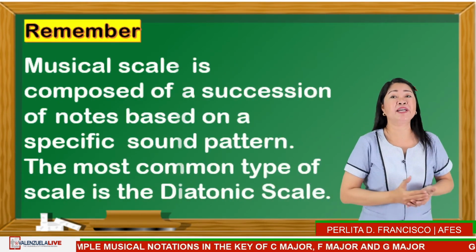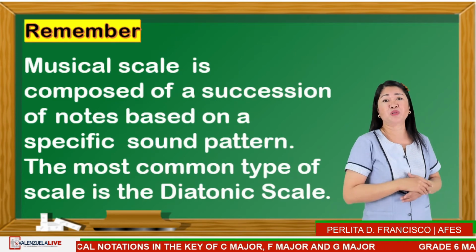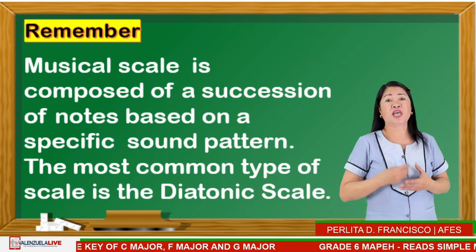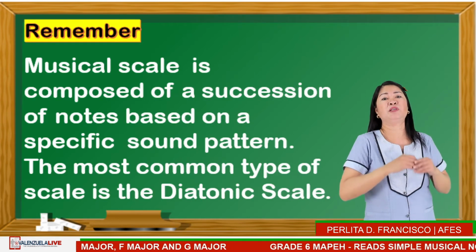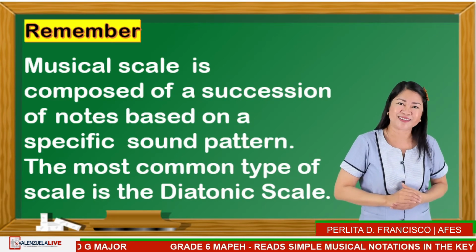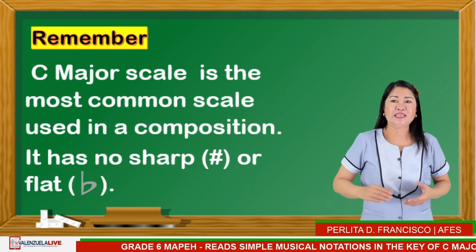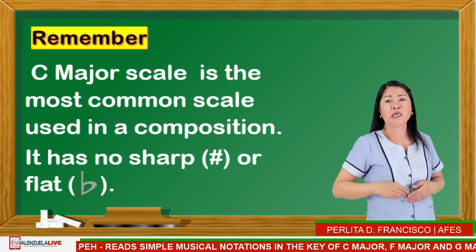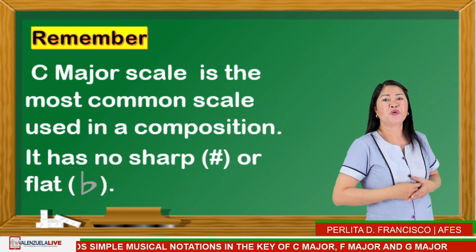So remember, musical scale is composed of a succession of notes based on a specific sound pattern. The most common type of scale is the diatonic scale. C major scale is the most common scale used in a composition, and it has no sharp or flat.